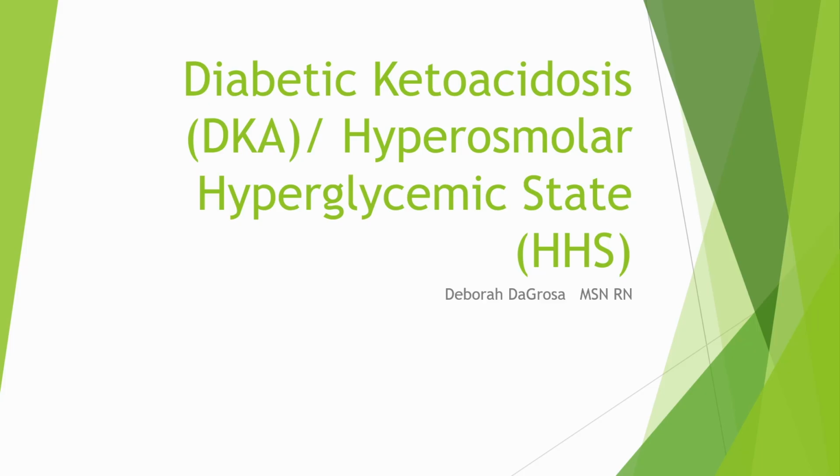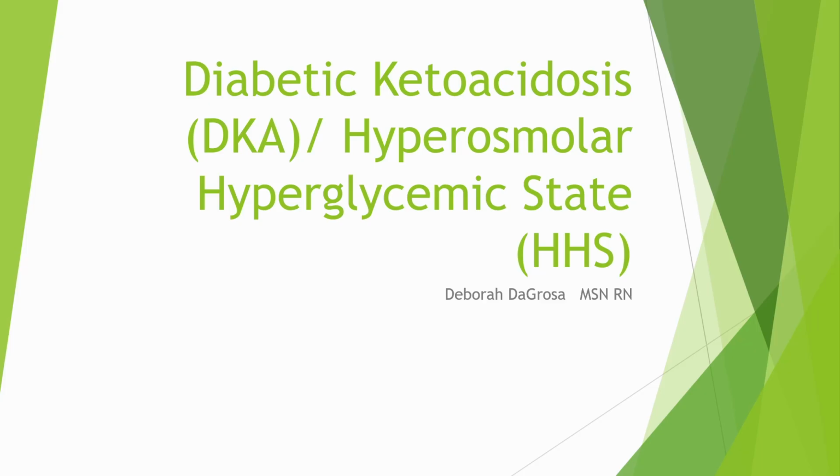So the diagnosis of DKA is based on several factors. Blood glucose level greater than 250. This will happen rarely, in a person that they may develop DKA at glucose levels lower than 250. And I know that we have seen many patients where their glucose level is above 250 and we just need to lower the sugar.